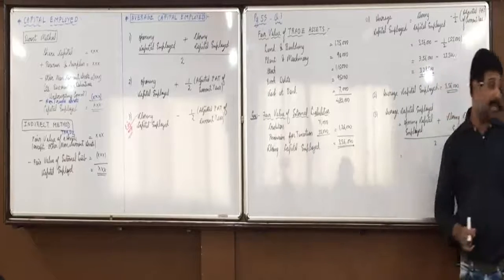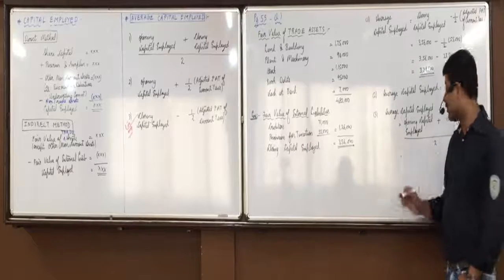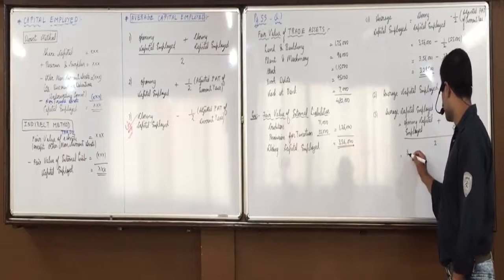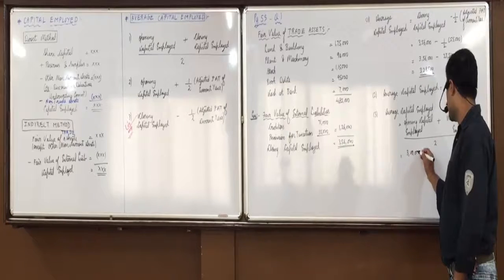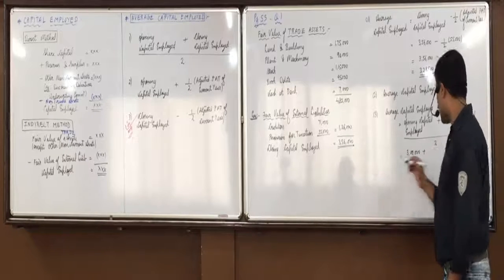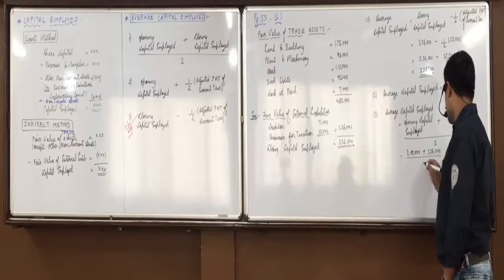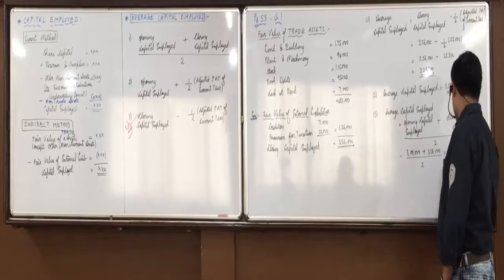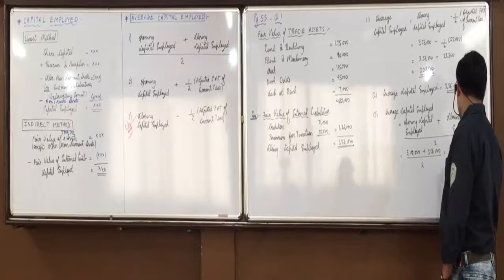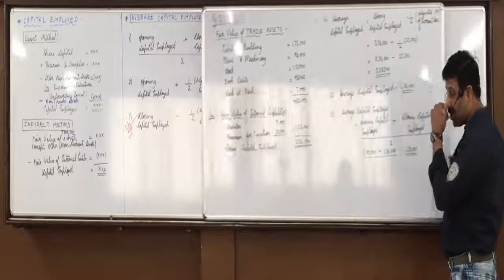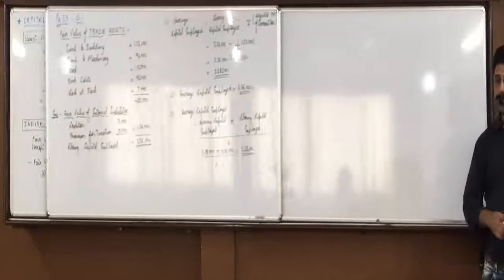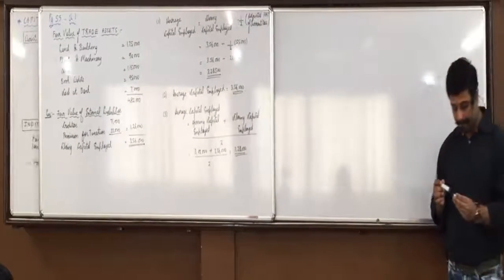Opening capital employed is given as 3 lakhs plus closing capital employed we obtained, 3,56,000, divided by 2. So 3,28,000. So the concept of capital employed is clear to all of you. Any doubts on this?